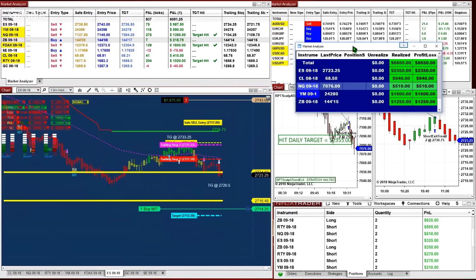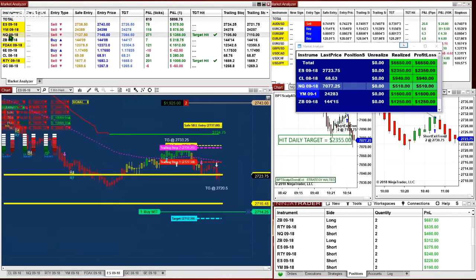It is very important, the first thing you do when you start your platform in the morning, before you make a decision to auto trade or to take any trade, make sure the ES, YM, NASDAQ from the market analyzer are going in one direction.